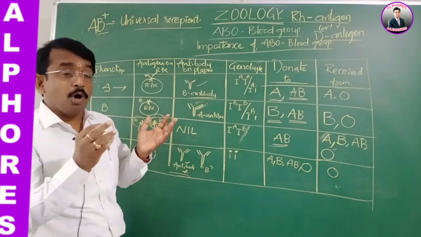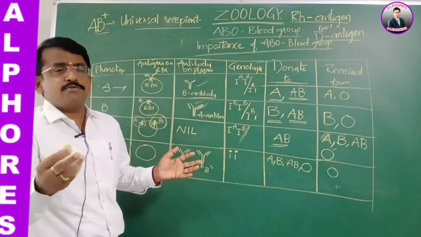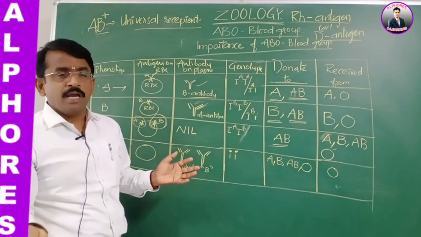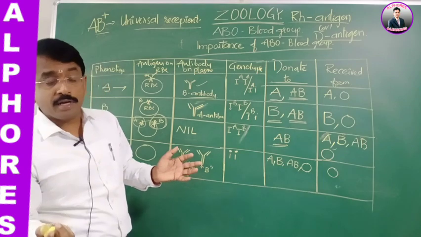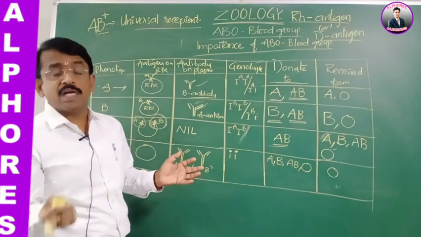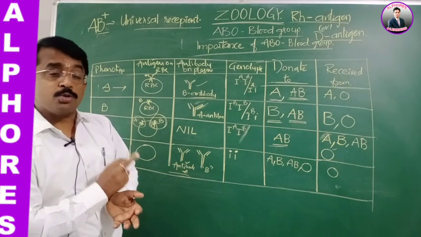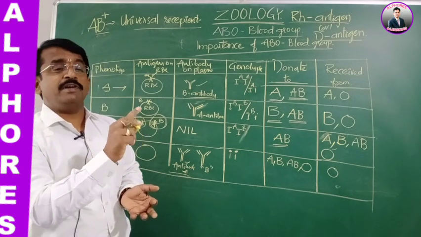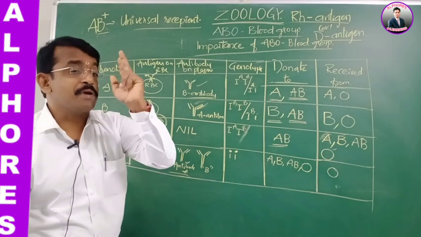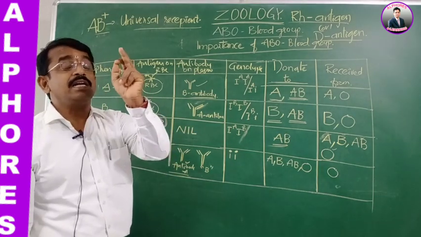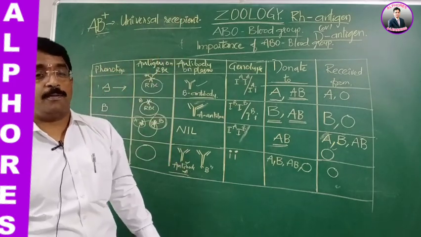Basically, the majority are Rh positive and few are Rh negative: A positive, A negative, B positive, B negative, AB positive, AB negative, O positive, O negative. So these are normal.